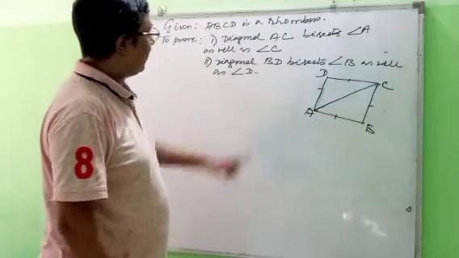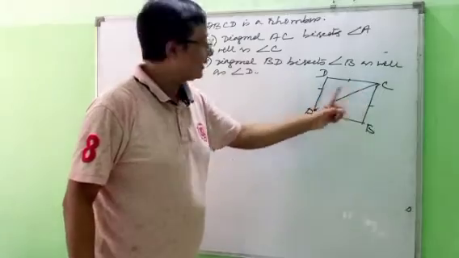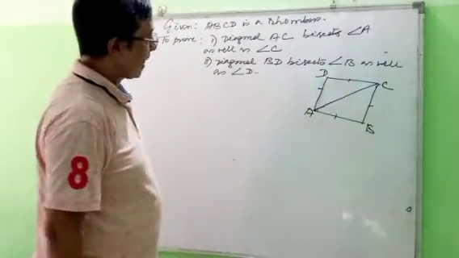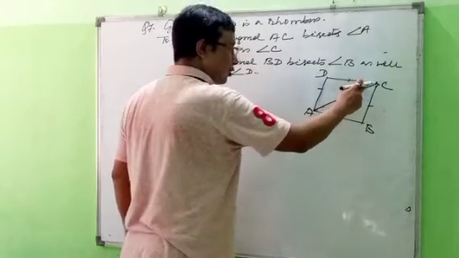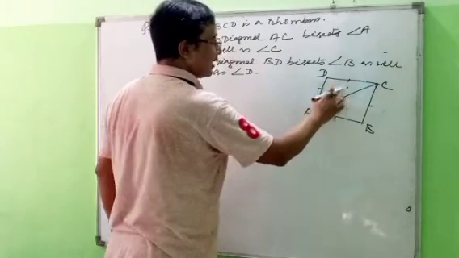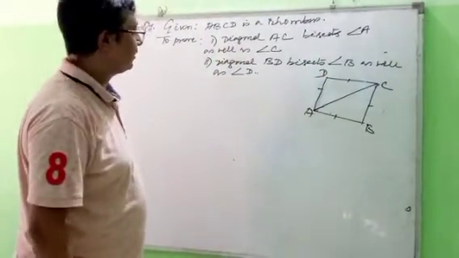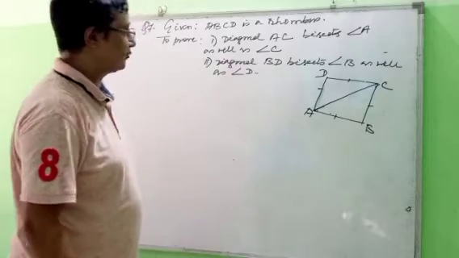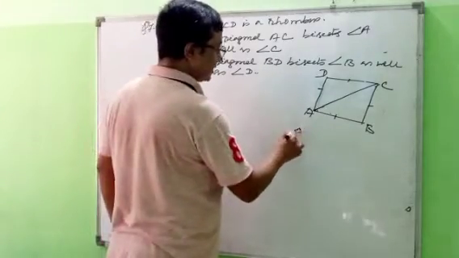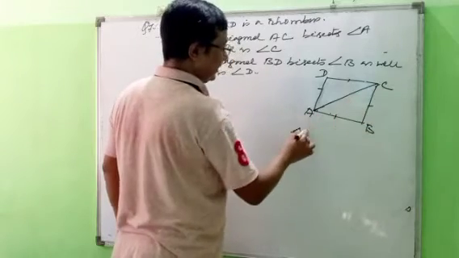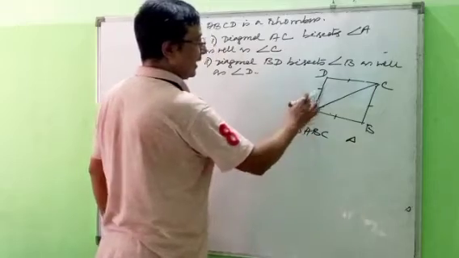Now to show that the diagonal AC bisects angle A as well as angle C, you can take alternate angles, or you can make the triangles congruent. Here you will make the triangles congruent so that the proof comes all at once. Let us take triangle ABC and triangle ADC.